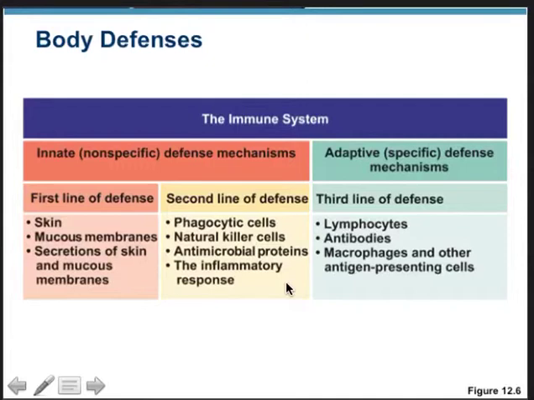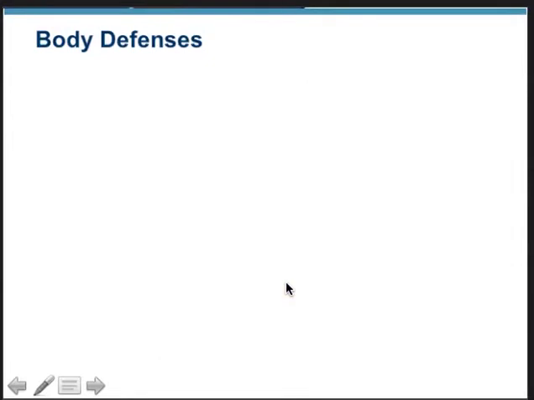Individuals lacking one of these lines of defense are more prone to infection and disease, which is not a surprise, because one of these lines of defense acting on its own isn't going to be sufficient to keep every pathogen out of the body and keep us relatively healthy.